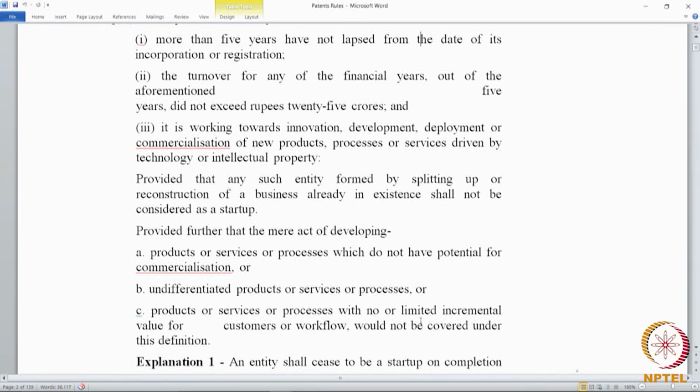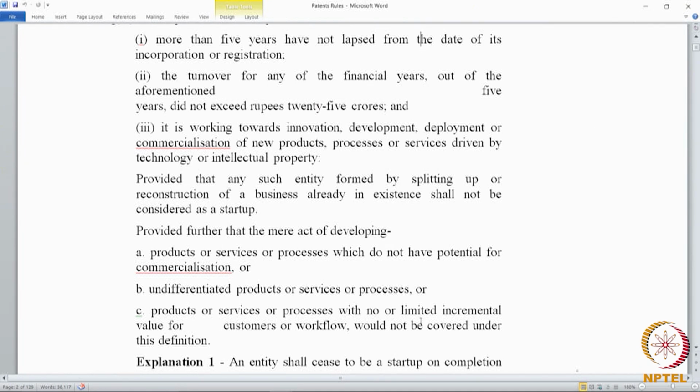If it is developing products which don't have a potential for commercialization, it will not be accorded the status of a startup. If it is coming out with undifferentiated products, services or processes, there is no innovation, again the benefit will not be granted. The same applies to products or services or processes with no or limited incremental value for customers or workflow.